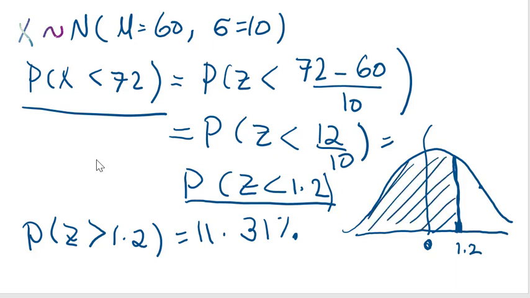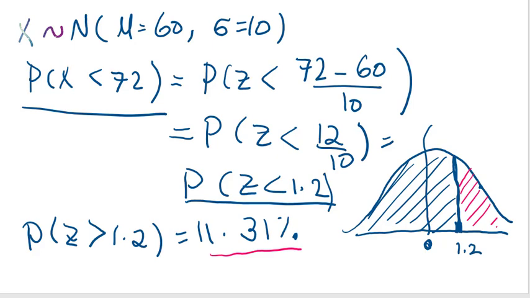But we notice that in the tables we only have the probabilities greater than the value. So the Aaron and Aaron table gave us this probability, 11.31%.